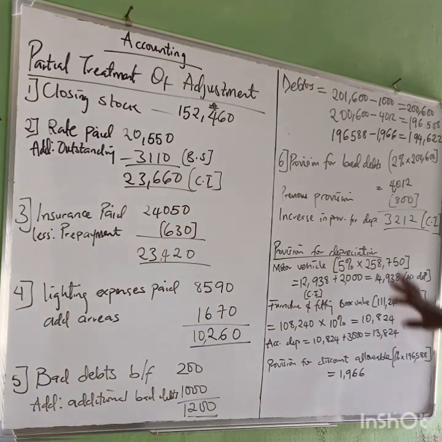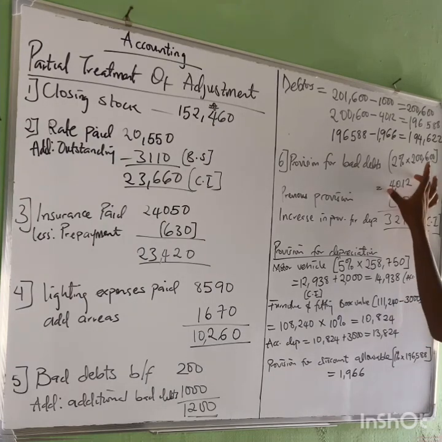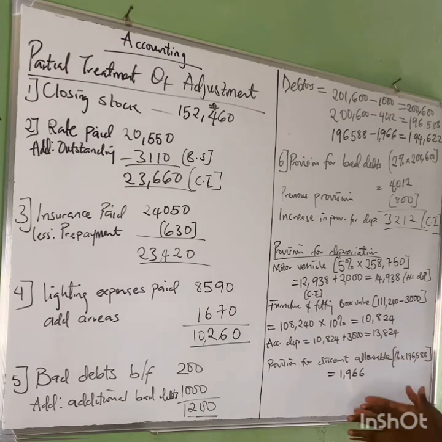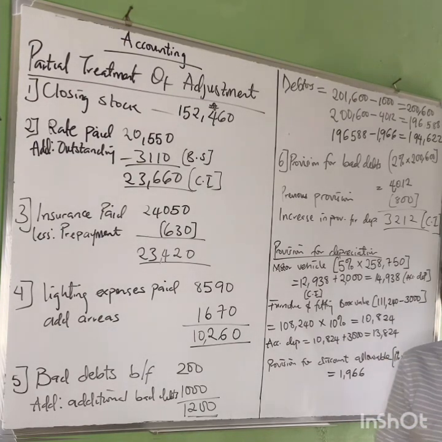Now we have provision for bad debt, like we have done. We have seen our previous provision. Now the increase in provision was what we treated in the comprehensive income, right? So what we'll be taking there is our new provision, the one in the additional information. We'll be going to our balance sheet, and then our depreciation value, what we take there is our accumulated depreciation.